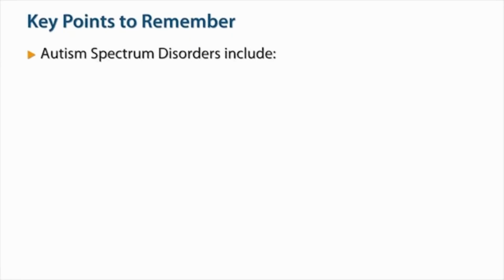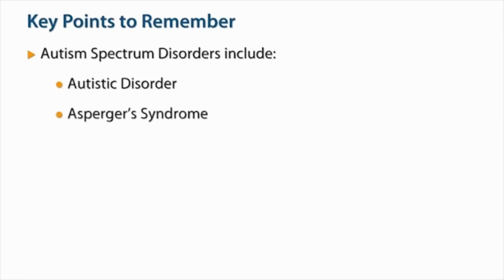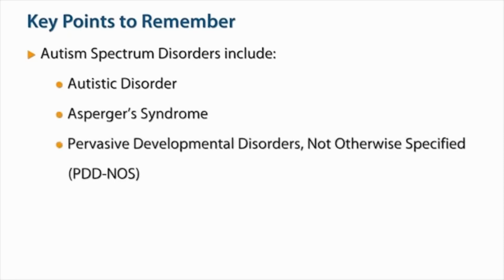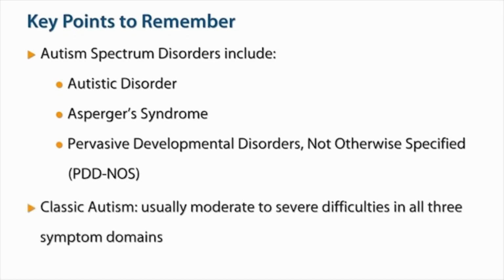Autism spectrum disorders include autistic disorder, also called classic autism, Asperger's syndrome, and pervasive developmental disorders not otherwise specified. Classic autism is characterized by moderate to severe difficulties in all 3 of the symptom domains. A large percentage of these children also have intellectual disorders.